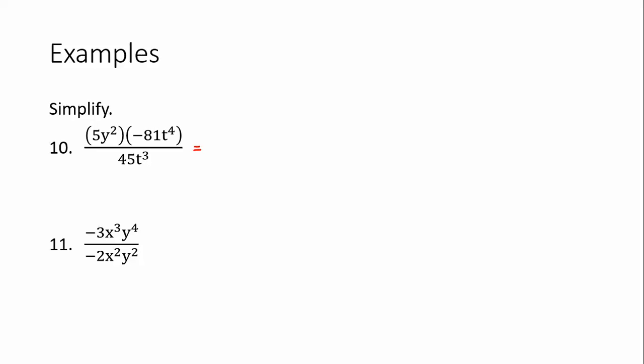So if I clean up the top, I need to do 5 times -81. That's going to give me -405. Then I have y squared times t to the 4th. I typically write my variables in alphabetical order, so t to the 4th y squared. It's all still over 45t cubed.